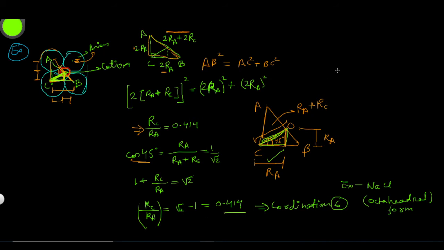If the radius of cation by radius of anion varies in between 0.4142 to 0.732, then the coordination number is 6.